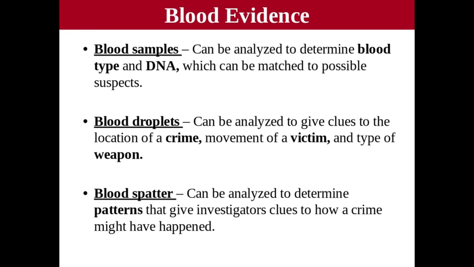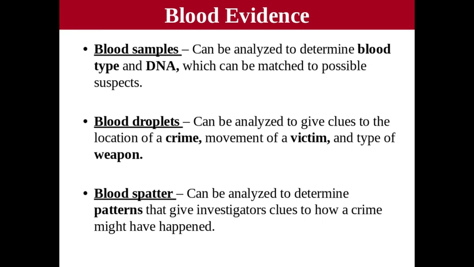It can be used to look for clues as to the location of crimes, maybe the movement of a victim, or the type of weapon that might have been used. And finally, blood can be used for evidence in the way of blood spatter, which is something we'll talk about later on. We'll do a lab with that.